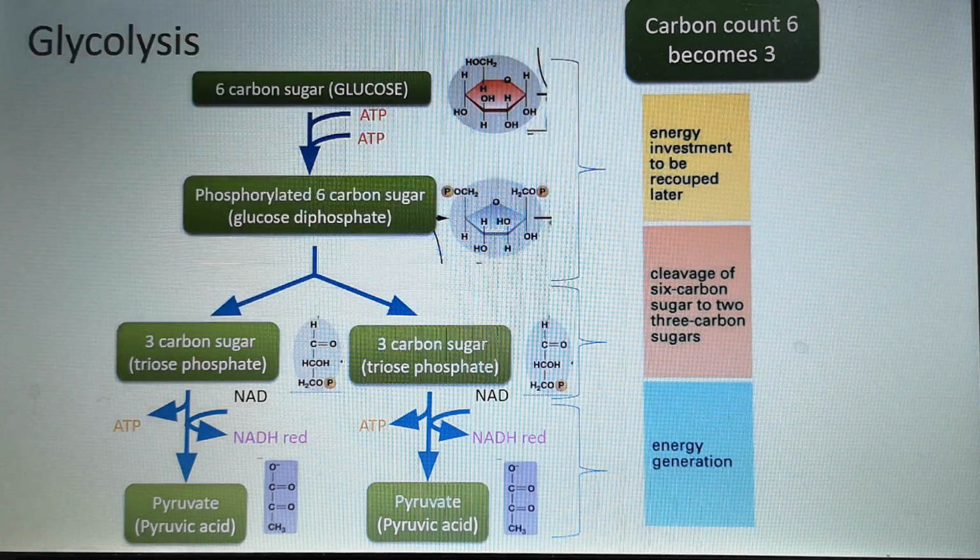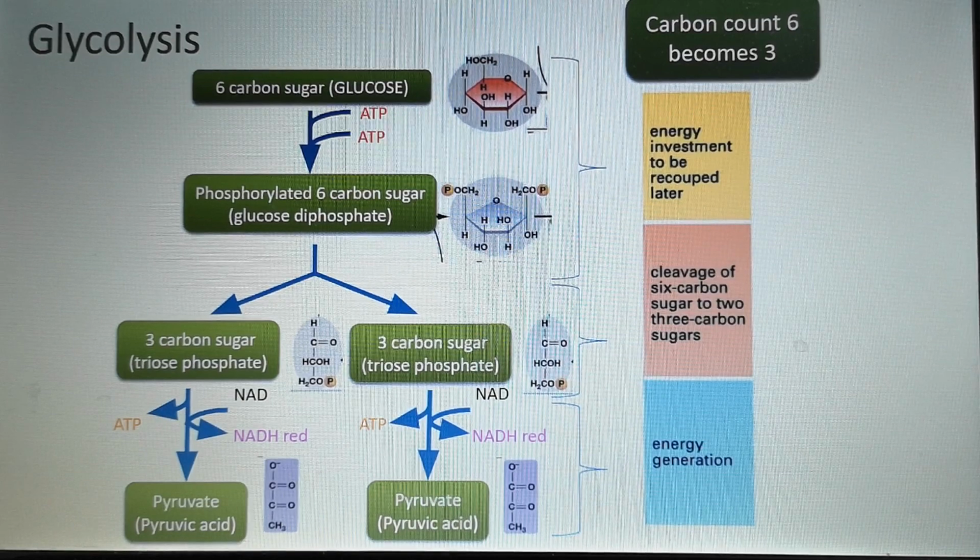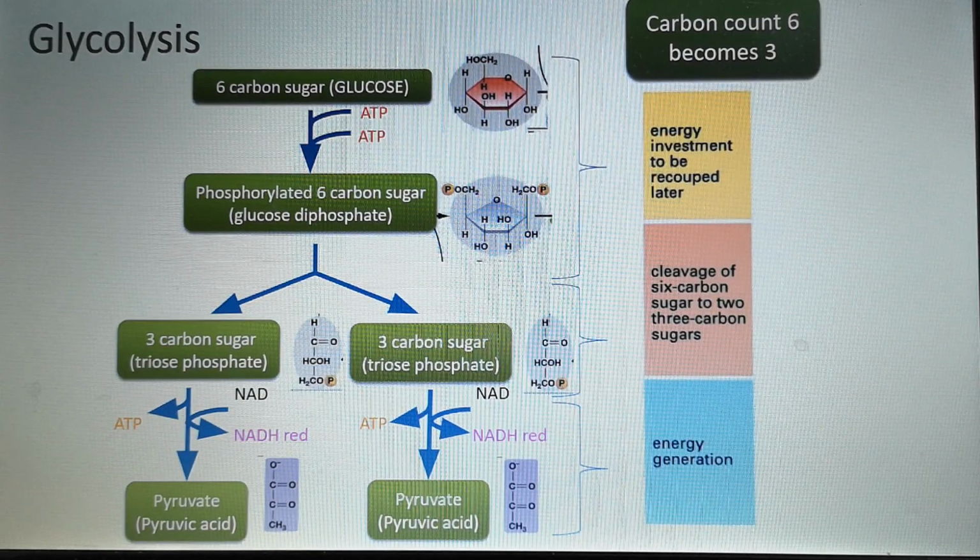1, 2. Okay, so I'm going to have a little bit of a whine about the WJEC here. On a number of occasions through year 13, the WJEC use slightly different terms to the terms that you will find generally if you're doing wider research. And they do this with the best will in the world, because what they're trying to do is make it simpler for you.